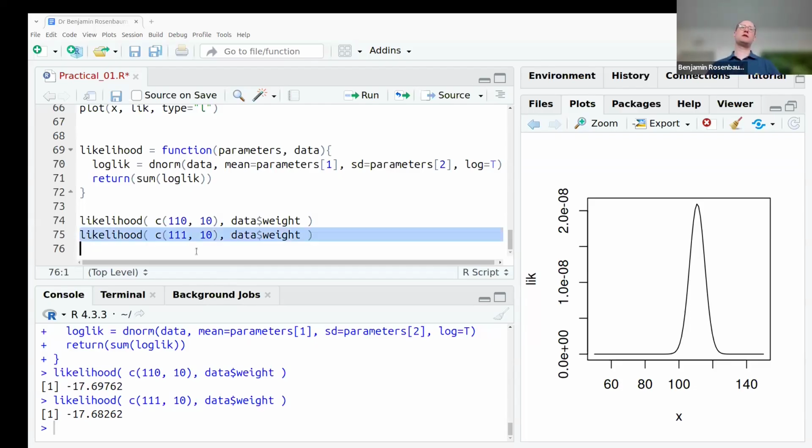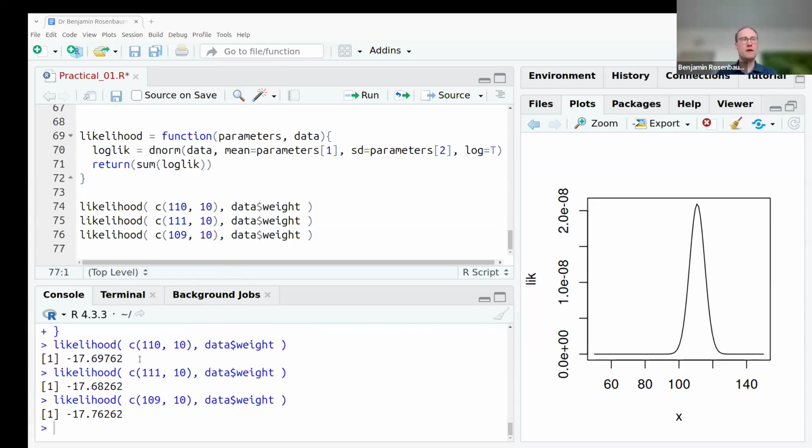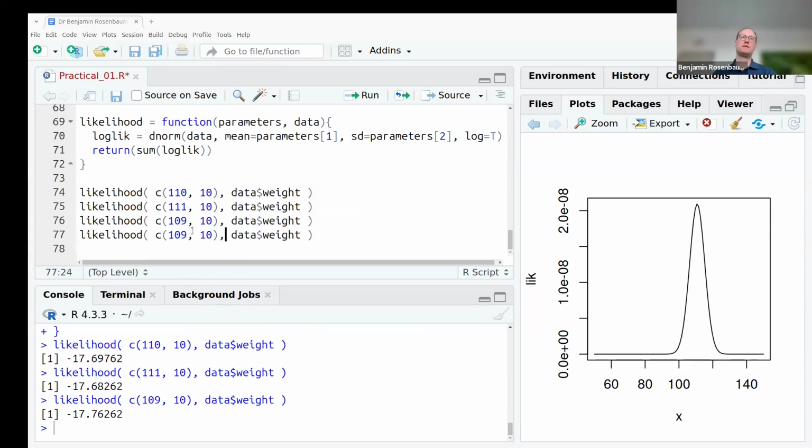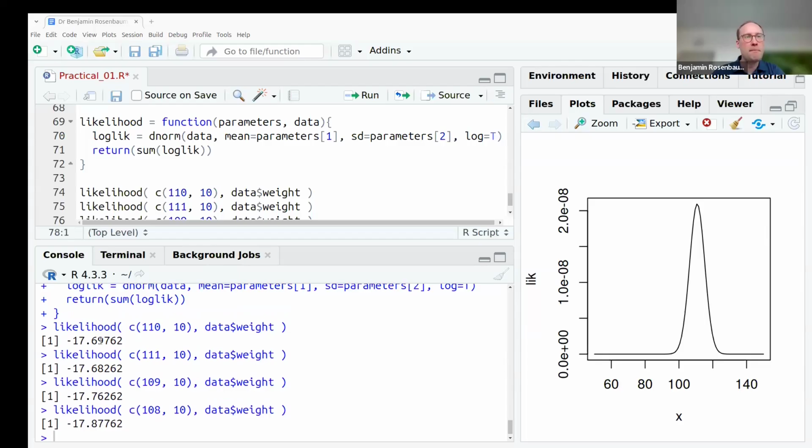So we're going in the other direction. So instead of 110, I'm going in the other direction, and I say 109. And I see, okay, well, the value increased, so maybe we keep going. Wait, sorry, I was mixed up because of the negative sign.